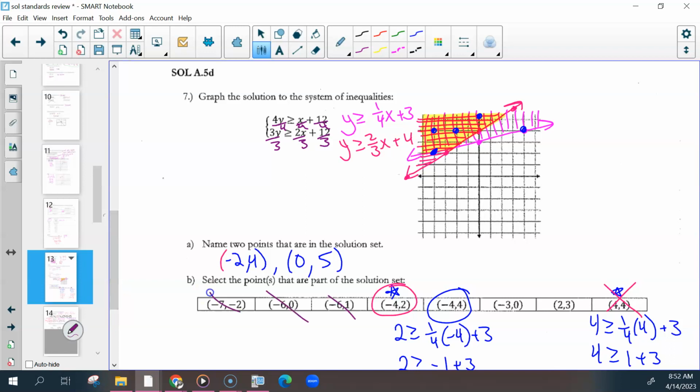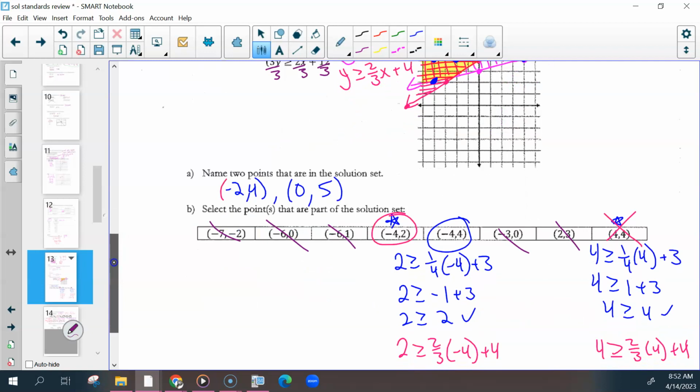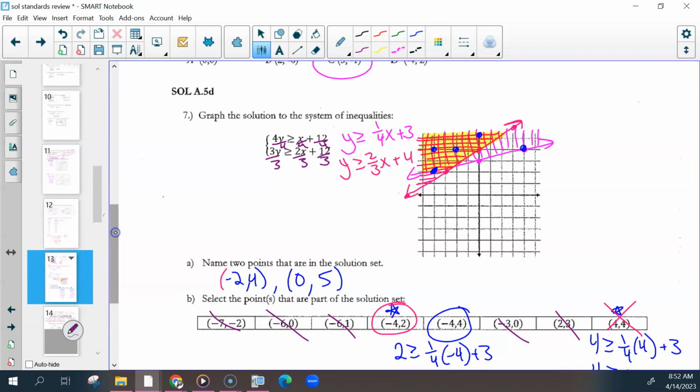None of these work. -4, 4 was definitely in there. I don't remember which one that was. -4, 2, I just double checked because it fell on the line, but that still worked.